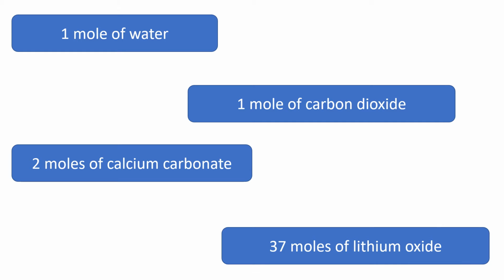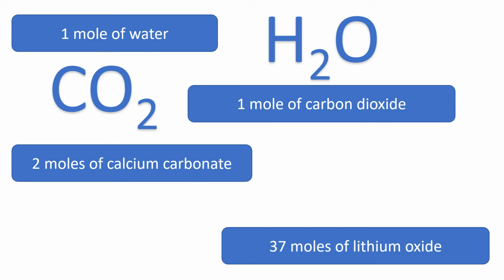So first of all, we need to recognise what 1 mole would look like, what 2 moles would look like within an equation. So 1 mole of water, if I was to write a chemical formula, would look something like this: H2O. 1 mole of carbon dioxide would look like this: CO2. Now, what about if I had 2 moles of calcium carbonate?